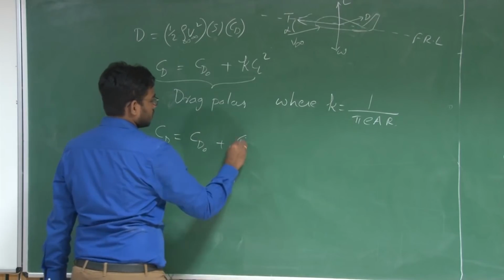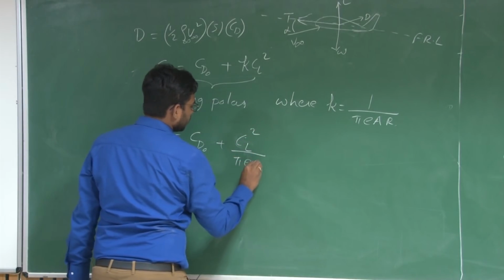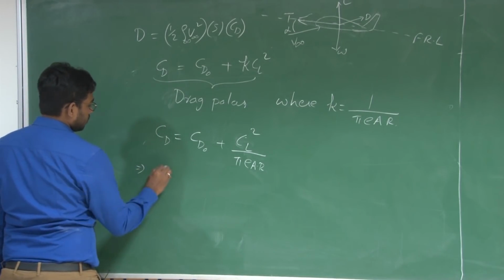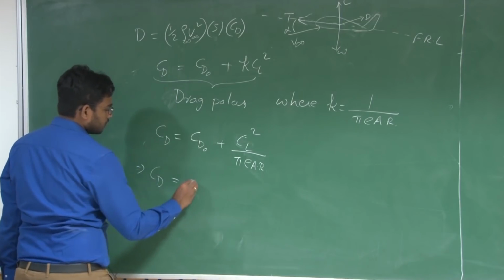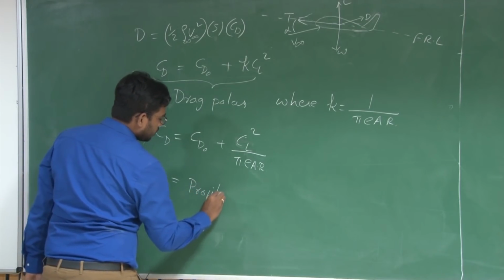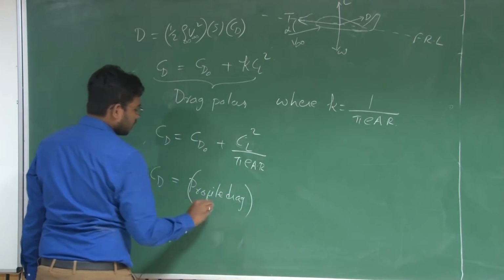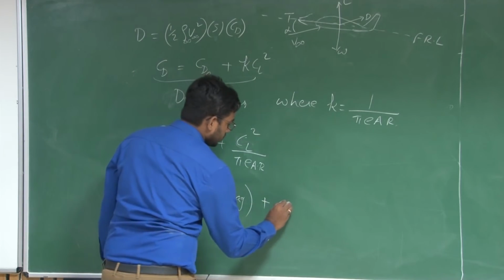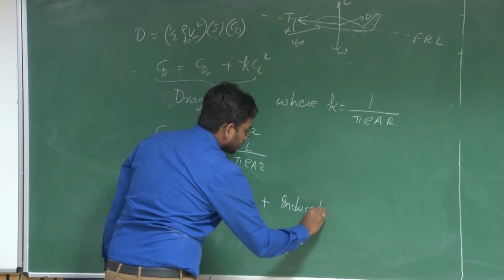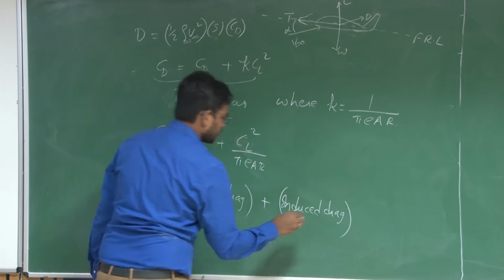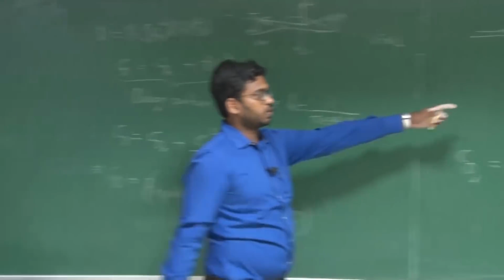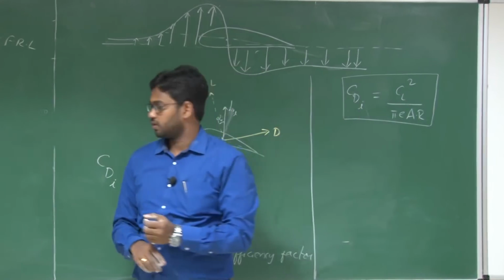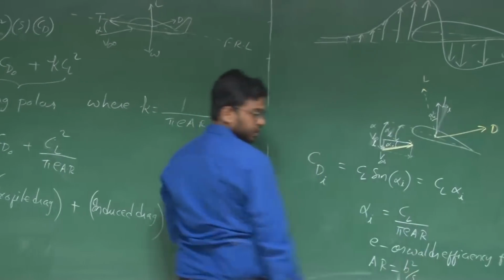So here CL square by pi E AR, right? So CD is a summation of something called profile drag or lift independent drag, and lift induced drag. So you call it induced drag. Okay. So this is how the induced drag is related with respect to CL and the aspect ratio. We'll look at what this Ostwald's efficiency factor is. We'll come back to that.